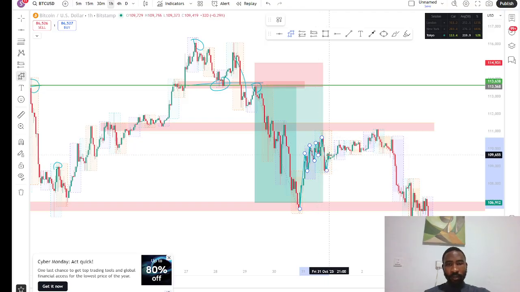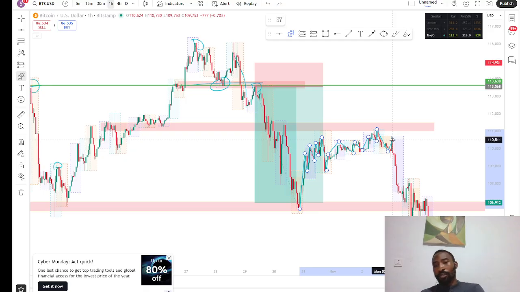Then in this area, maybe we were expecting the market to sell, then it didn't sell. Then it continued creating higher high, higher low, higher high, higher low, higher high. Then it got broken for the second time. Then retested. In this area, I don't need anybody to tell me why.